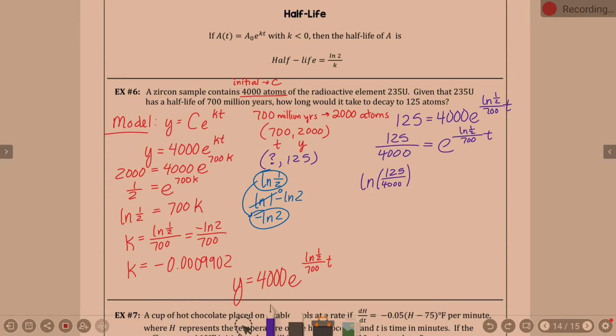And if there is a nice easy decimal you want to use, you can use that too. Natural log of e is going to cancel it out, so we're going to have natural log of 1/2 over 700 times t. How do I solve for t?